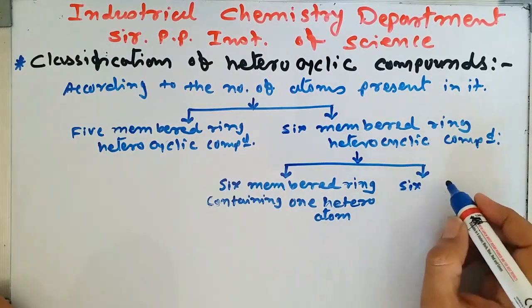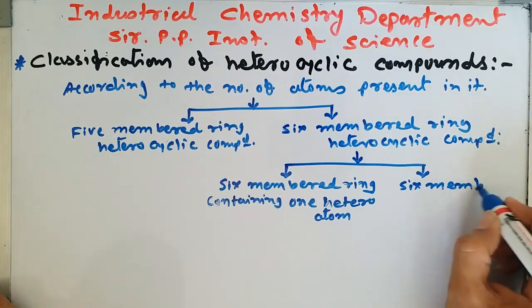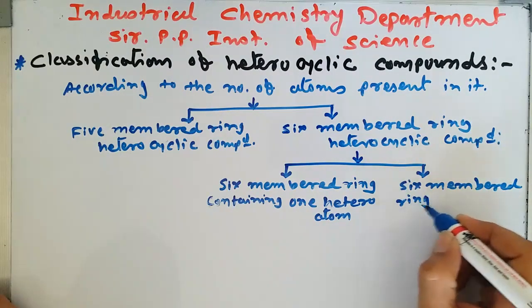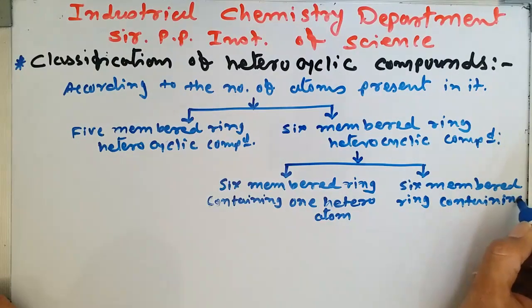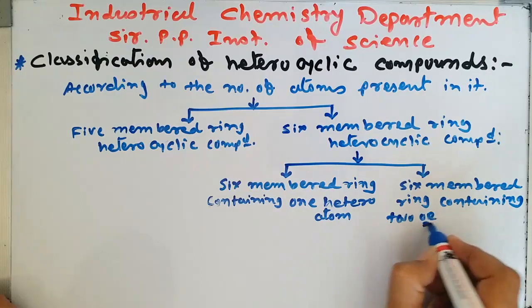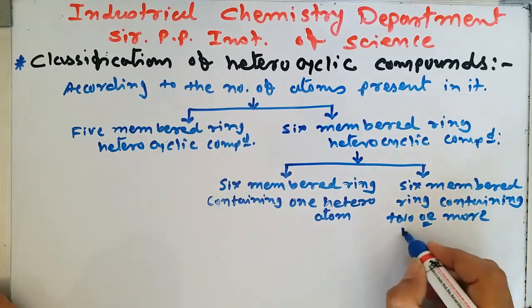And the second part is the 6-member ring containing 2 or more heteroatoms.